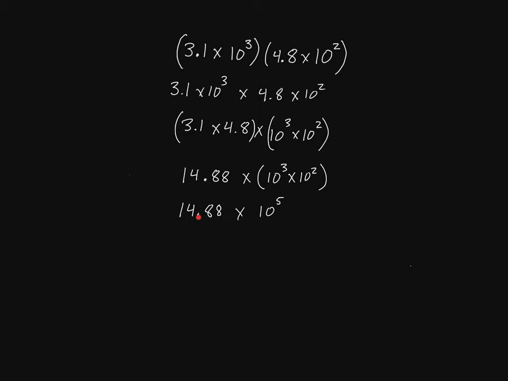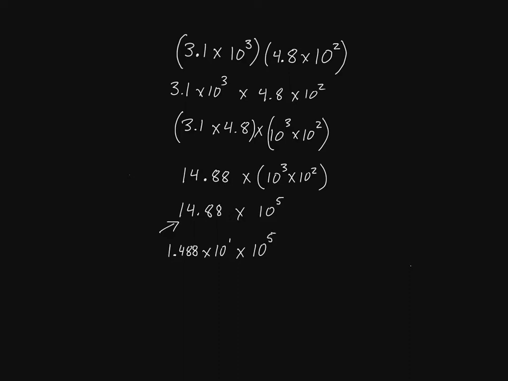Now we need to move this decimal place one time. So I'm going to change this number to scientific notation, and that will give me 1.488 times 10 to the first power times 10 to the fifth power.